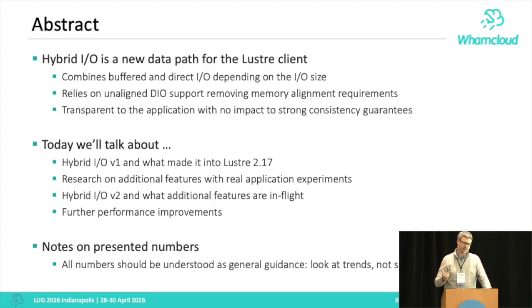And then for hybrid I/O version 2, this is exactly which of these we could consider there. And just some notes on the numbers: they should be understood as general guidance. It looks specifically at the trends and the relative numbers. The differences are pretty big, but not the specific numbers. I give the experimental setup later anyway.